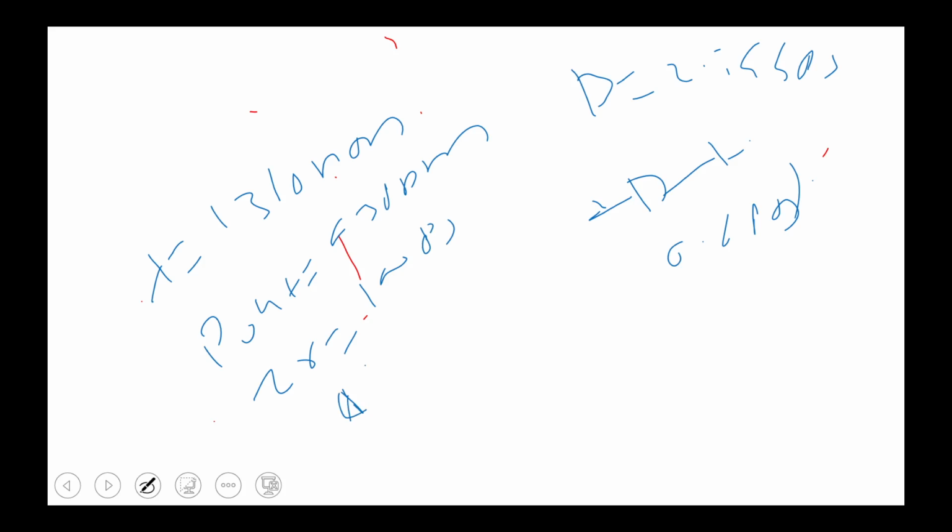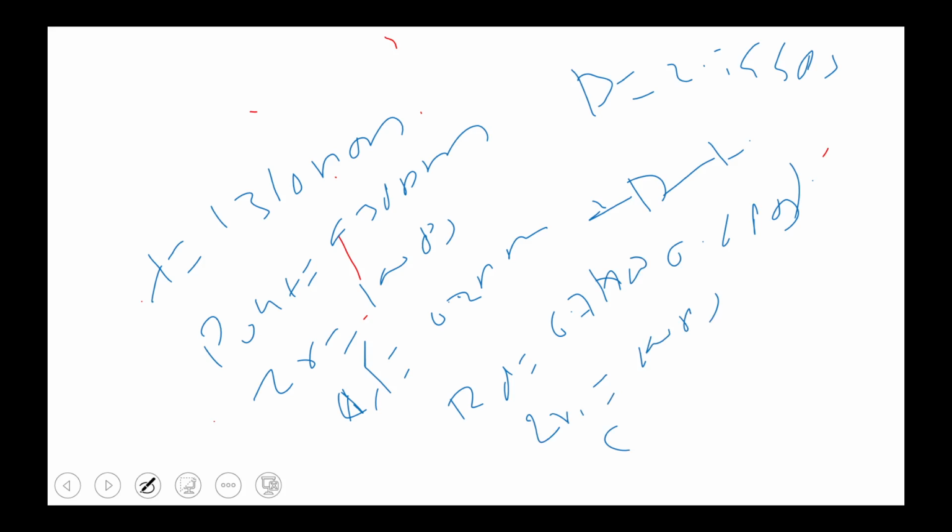The spectral width delta lambda is 0.2 nanometer. On the receiver side, the receiver responsivity is given as 0.7 ampere per watt. The rise time of the detector is 100 ps. The capacitance is given as 1.2 picofarad.